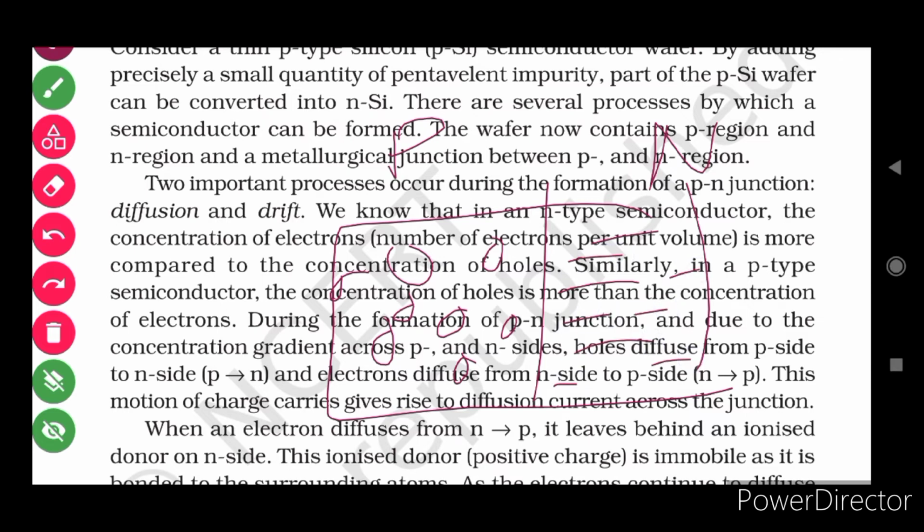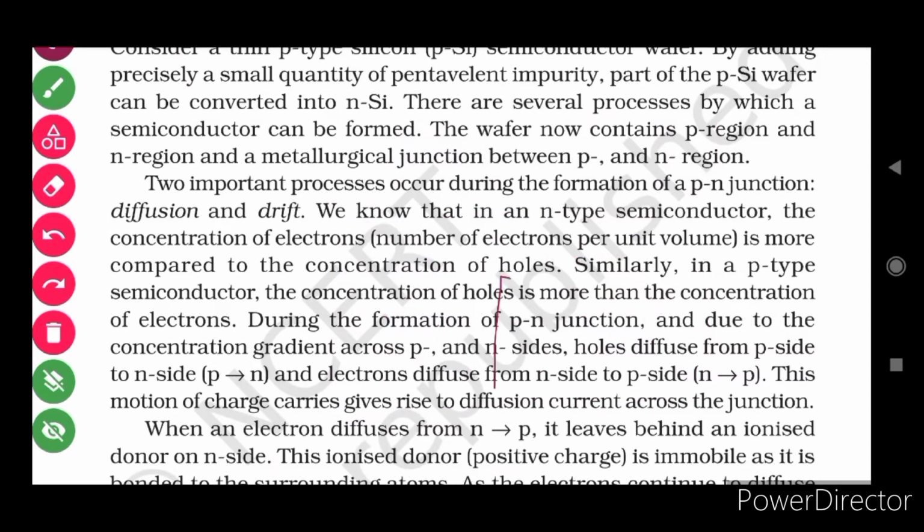There are minority charge carriers also, electrons in P-type and holes in N-type, but their number is very small. The majority carriers are the real charge carriers, you will see.